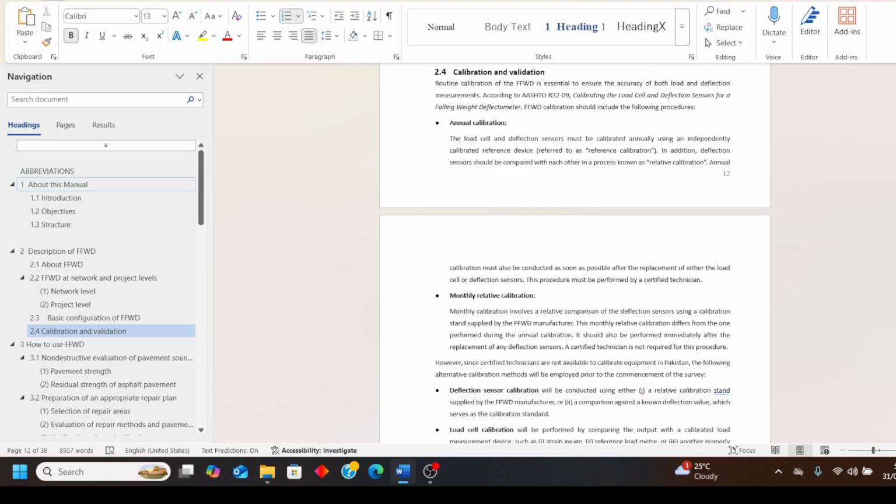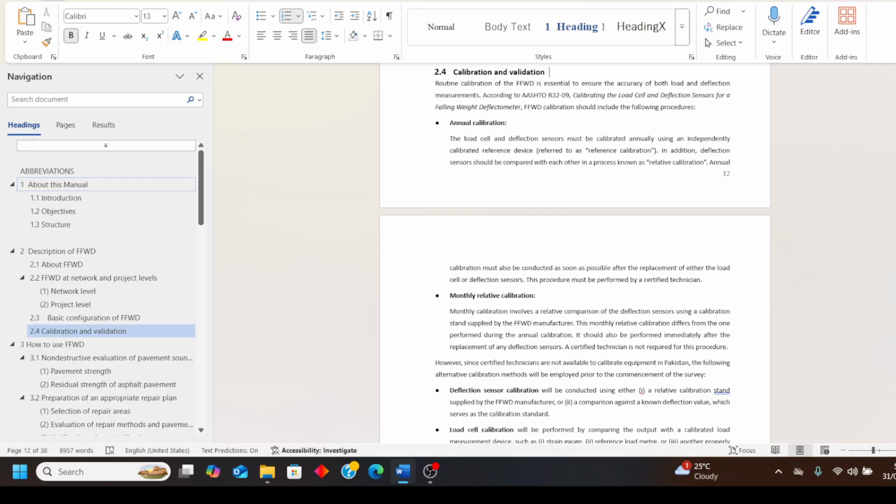Load cell calibration compares the FFWD load readings against a trusted reference loading device. For deflection sensor calibration, we check each sensor against the reference standards. And for the relative calibration of sensors, we compare the readings of all sensors with each other to ensure consistency. So annual calibration ensures the absolute accuracy of the system.